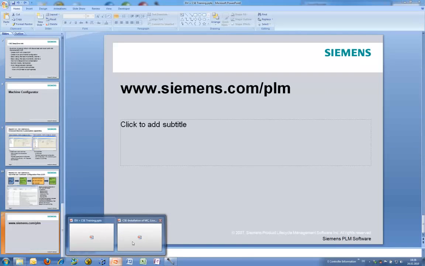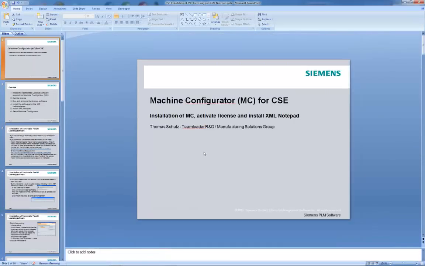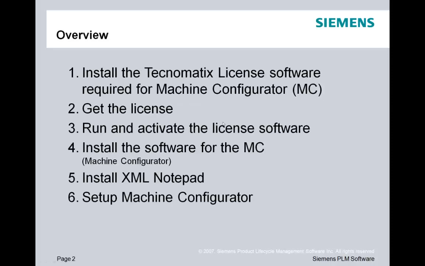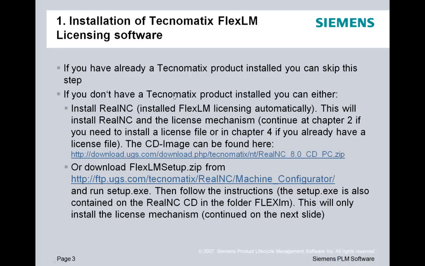That is pretty comprehensive. To install Machine Configurator, there's a separate presentation that you can use, showing where to get Machine Configurator and how to install it. You can either install it by installing ReLN-C, and the ReLN-C setup will include Machine Configurator and install it automatically.